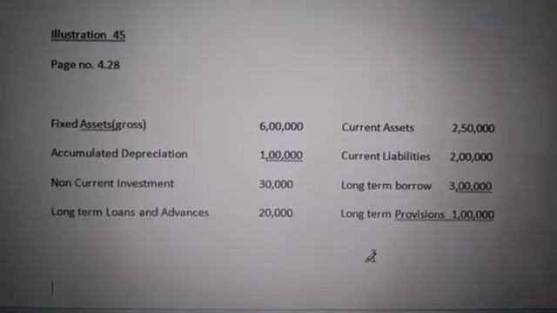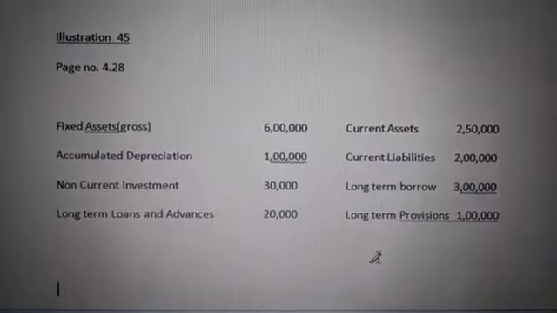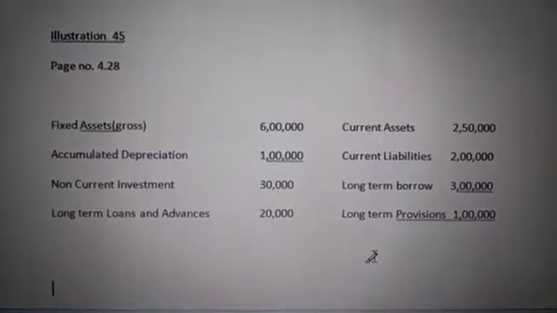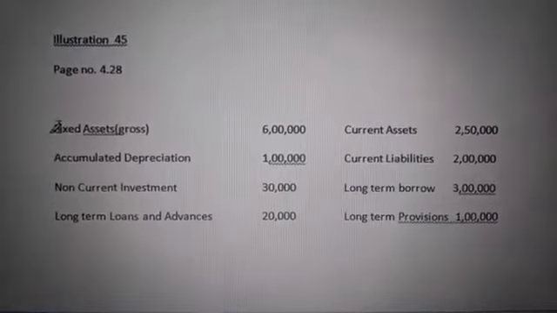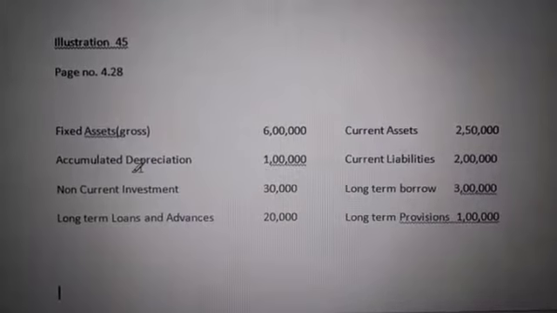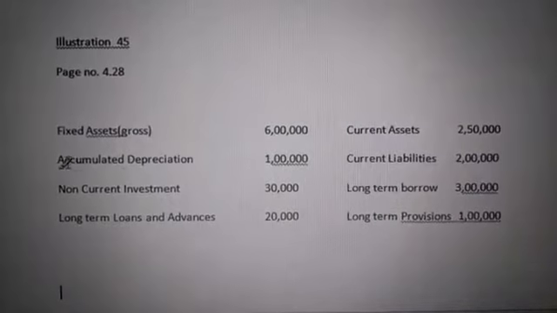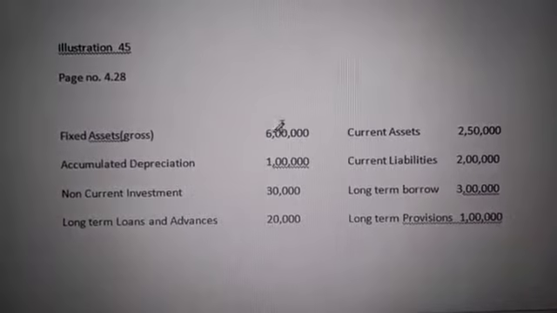We have already discussed in class 11 that from fixed asset, if we deduct the depreciation, the net fixed asset amount will come. So in this also we will do the same thing, because in the balance sheet also we write fixed asset and then deduct the depreciation. Here accumulated means overall depreciation, so we will deduct it from fixed asset.